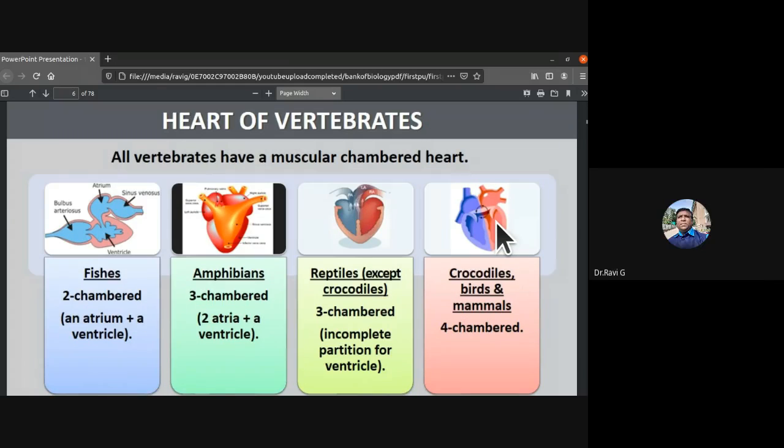Crocodiles, birds, and mammals have a four-chambered heart, two atria and two ventricles. Fishes have a two-chambered heart with a single atrium and a single ventricle. Amphibians have a three-chambered heart with two auricles and a single ventricle.